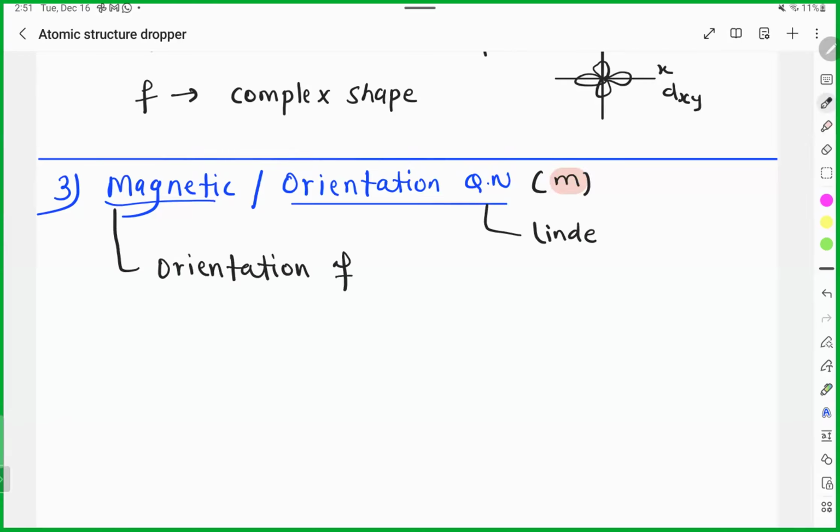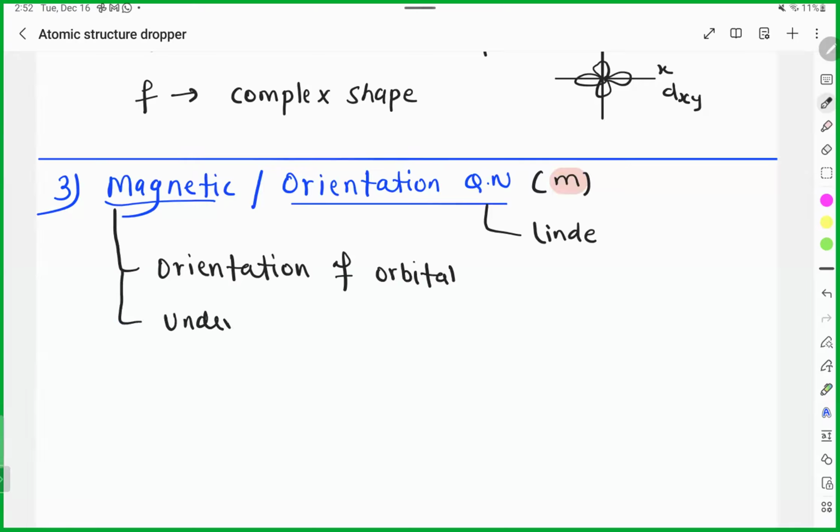If the question asks which one will tell us about the shape of the orbital? Shape, azimuthal. Size, principal. Orientation, magnetic. Orientation of the orbital, electron cloud. What happens under the influence of a magnetic field? Each subshell is further divided into orbitals. Correct?